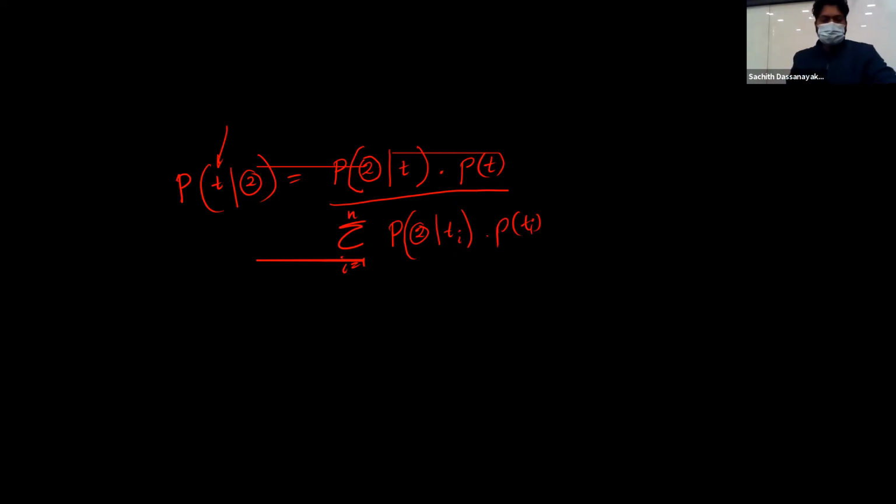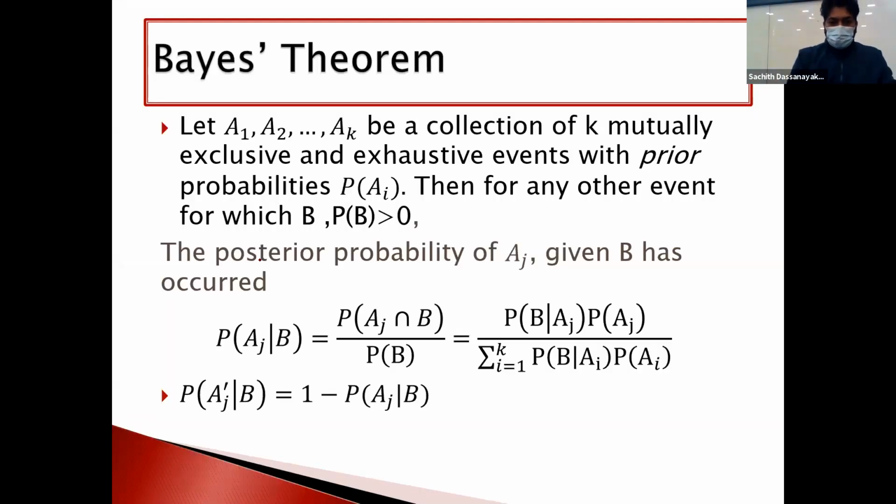Let me go back. See, the probability of whatever they ask is one particular partition. Capital A is the giant one, and A has mutually exclusive partitions A1, A2, A3 up to AK. AJ means one particular partition.